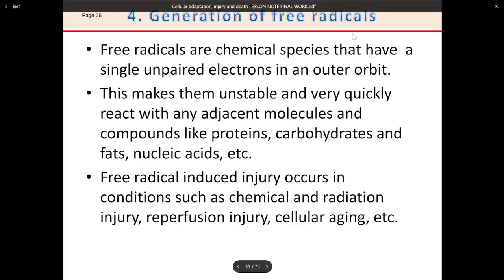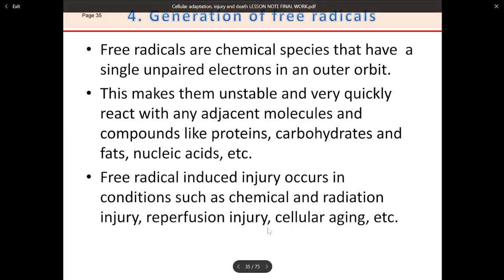Now, generation of free radicals. Free radicals are chemical species that have a single unpaired electron in an outer orbit. This makes them unstable and very quick to react with any adjacent molecules and compounds like protein, carbohydrates, fat, nucleic acid, etc. Free radical induced injury occurs in conditions such as chemical and radiation injury, and reperfusion injury.